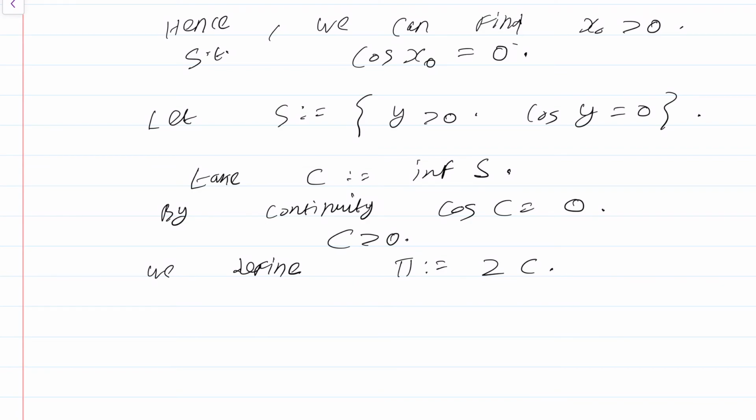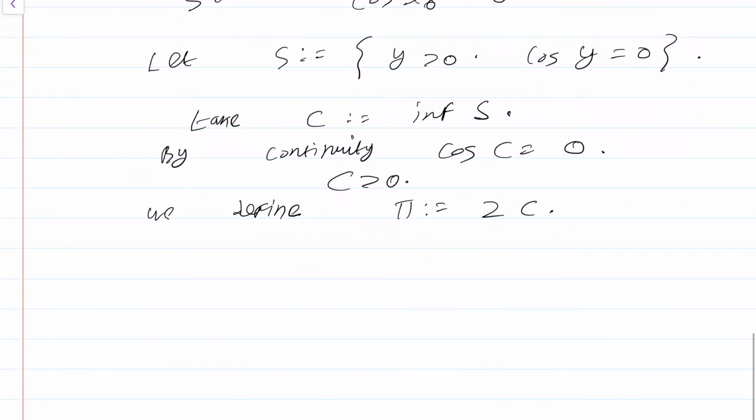Okay. And by the way we have defined things, cos is going to be greater than 0 if 0 is less than or equal to x less than pi by 2. That's simply the way C has been defined. Okay.